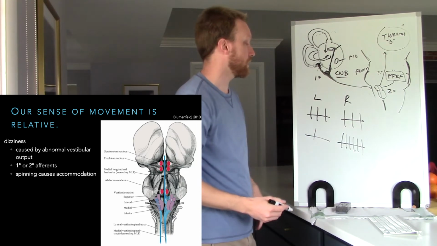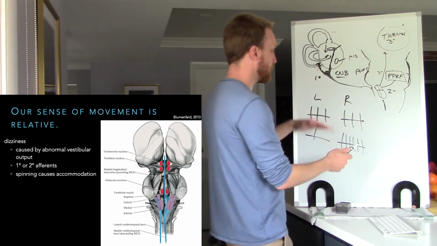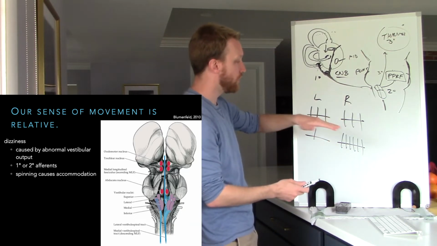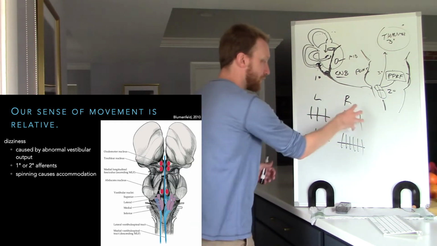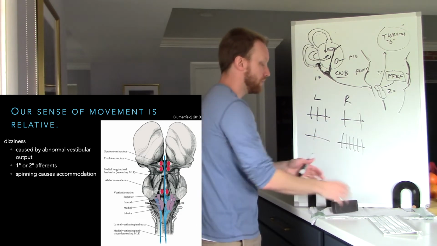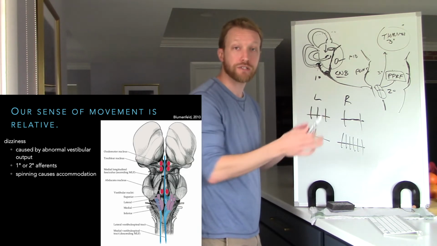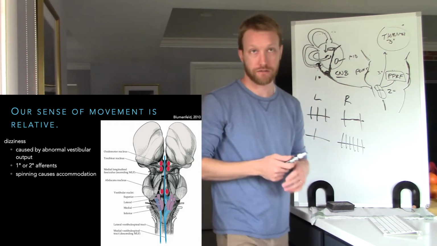This is what's going to cause accommodation, or the tiring out of neurons. So that whenever you return back to normal, no more spinning, well, the right side's a bit tired. So it doesn't have quite the same output that it used to, and so you get the sense of movement in the opposite direction. That's what dizziness is.